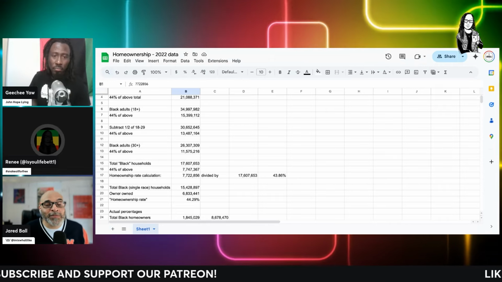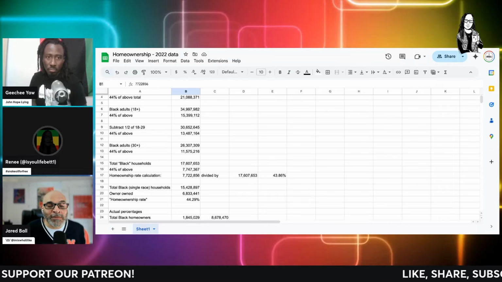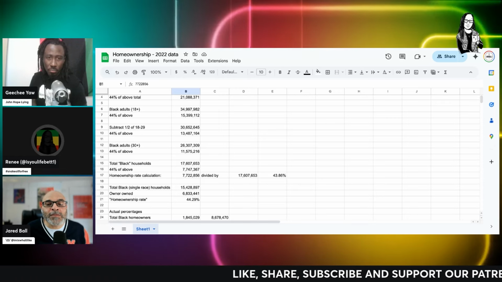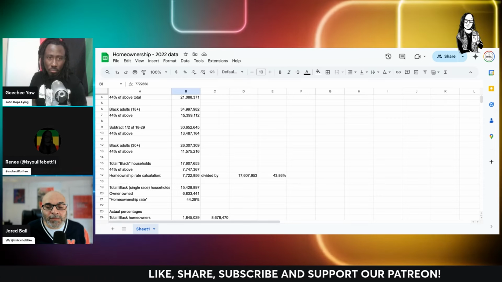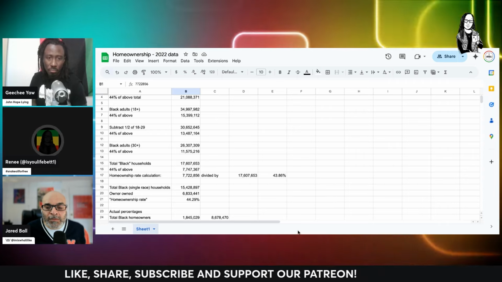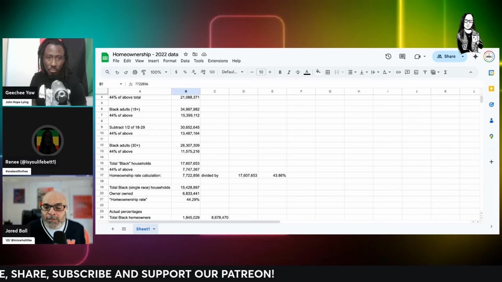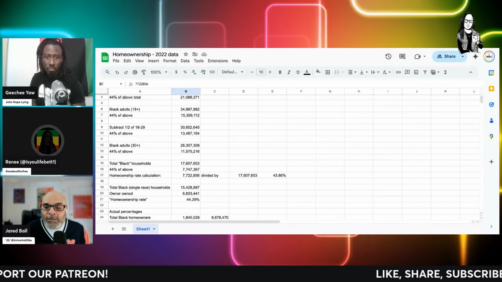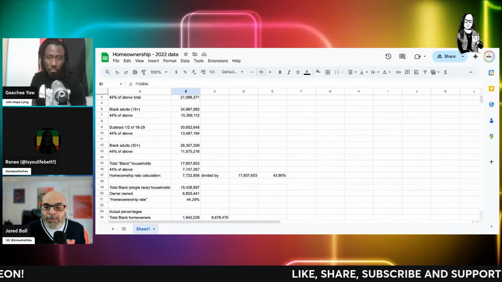One of the age ranges in the census was the range of 18 to 29. So I thought to myself, okay, figure most people don't have like, 18-year-olds who are owning houses. So let's split that number in half, right?